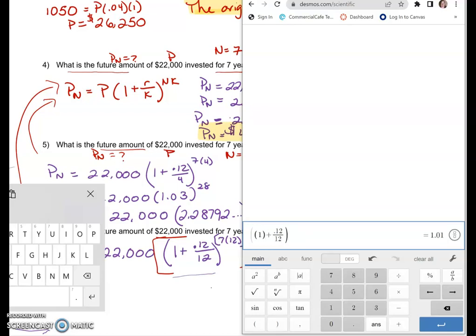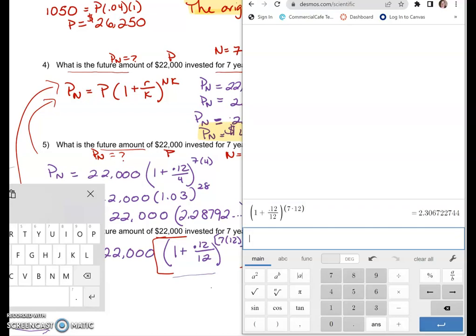Now this parenthesis did not come out in the right spot, so I need to get rid of that. Then I'm going to use my exponent key here. Make sure you don't hit the squared one. You want to use the exponent. And then I'm going to put parentheses again, 7 times 12. It's really important. Then you can see here 2.306 and so on and so forth.